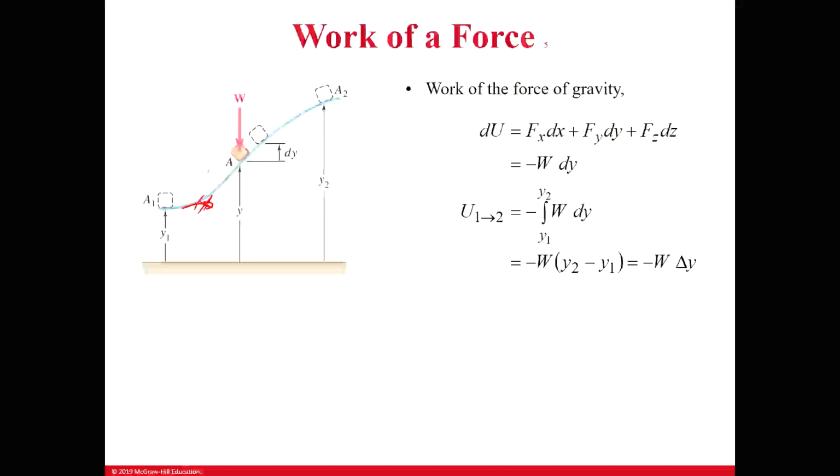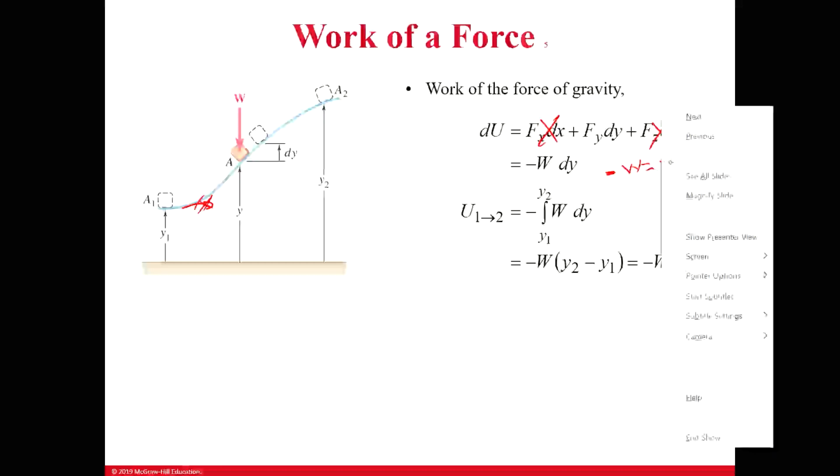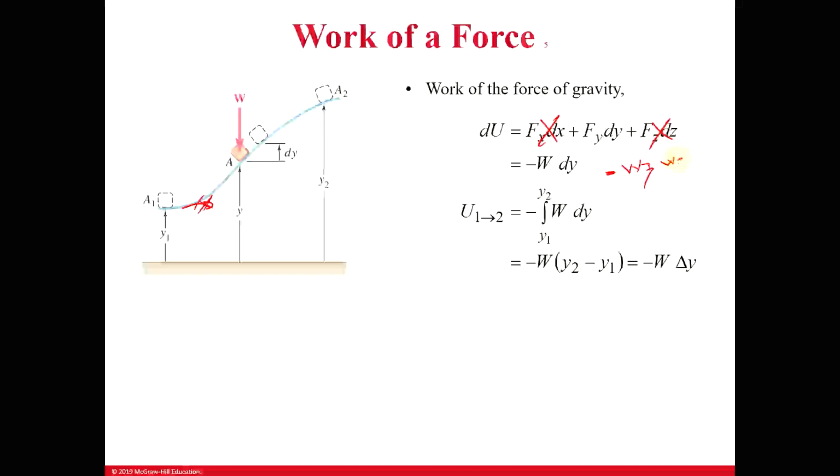We are using the energy approach, in which we have no energy contribution in the x component, so it's going to be 0. Then y is the vertical component and z is 0. Therefore, it is negative w, which is the mass times the gravity, right? We saw that before. And it's going to be the change in direction across y, from y1 to y2.